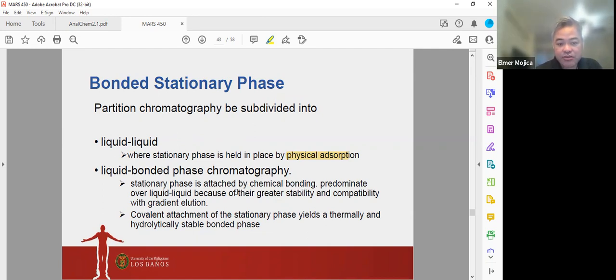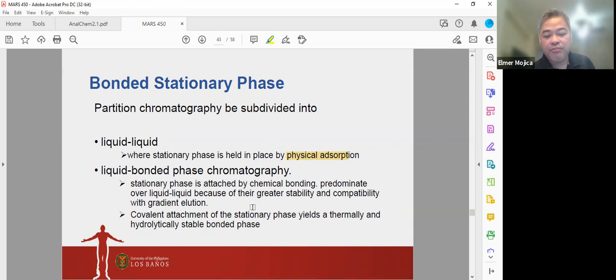It predominates over liquid-liquid because of the greater stability and compatibility with gradient elution. Liquid bonded phase chromatography involves covalent attachment of the stationary phase, which yields a thermally and hydrolytically stable bonded phase.